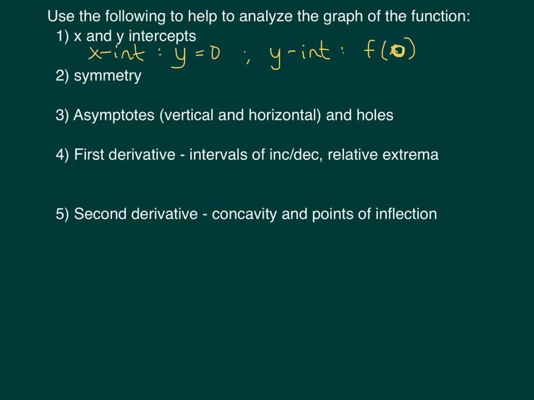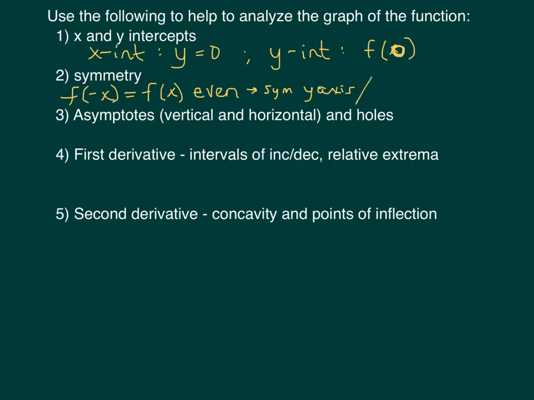So f of 0. Okay, symmetry. Last year in pre-calc, you learned about even and odd functions. We know that even and odd functions tell us if the function is symmetric to the y-axis or to the origin. So we are going to test negative x in the function. If it comes out the same as what we started with, then the function is even and therefore symmetric to the y-axis.